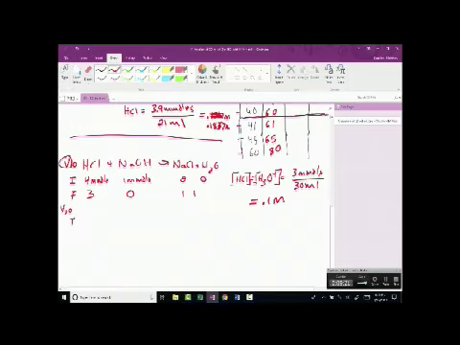V20, initial, final, 4, 2, 0, 0, 2, 0, 2, 2, concentration of HCl equal concentration of H3O plus.